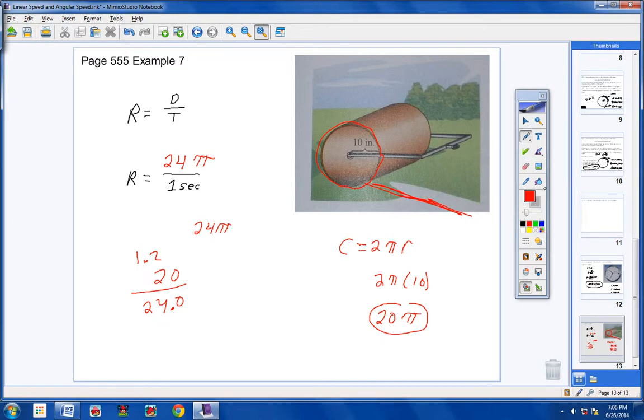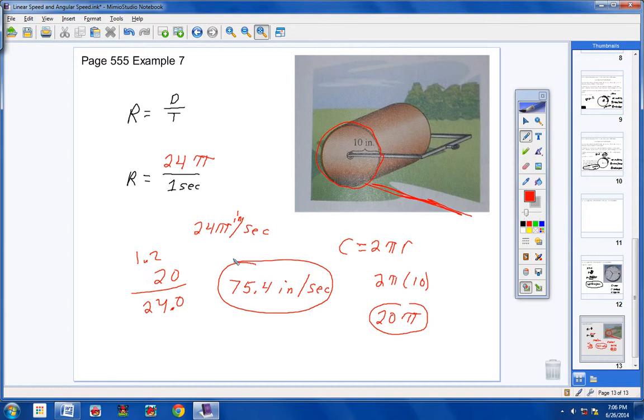So it would be 24 pi inches per second, or if you take 24 times 3.14, which is what they did in the book, you will get 75.4 inches per second, and that would be linear speed.